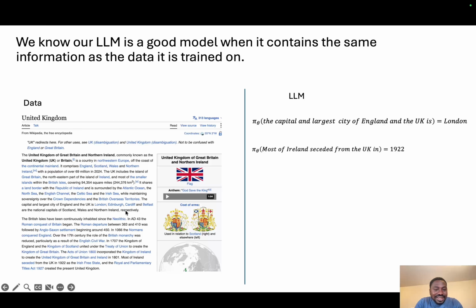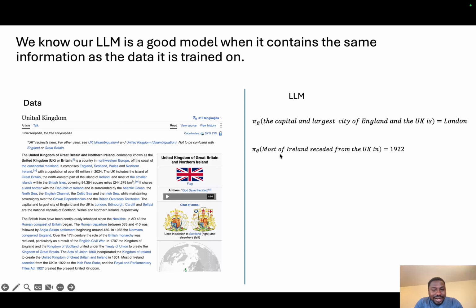So after our LLM is trained on this data, if we pass this context, the token it should predict as the highest out of maybe 200,000 possible tokens should be London, right?